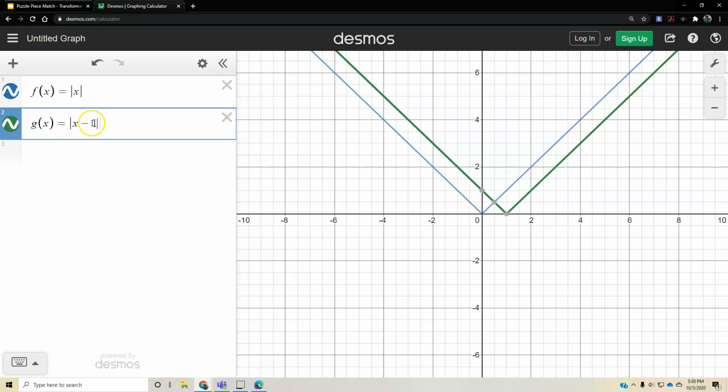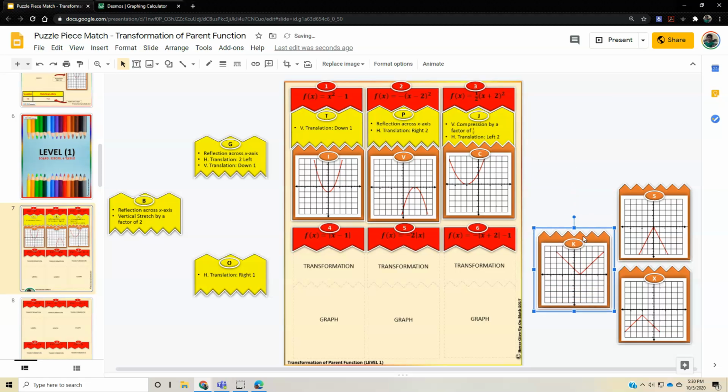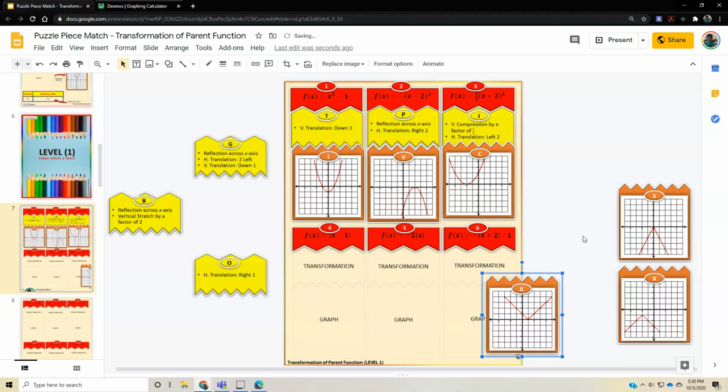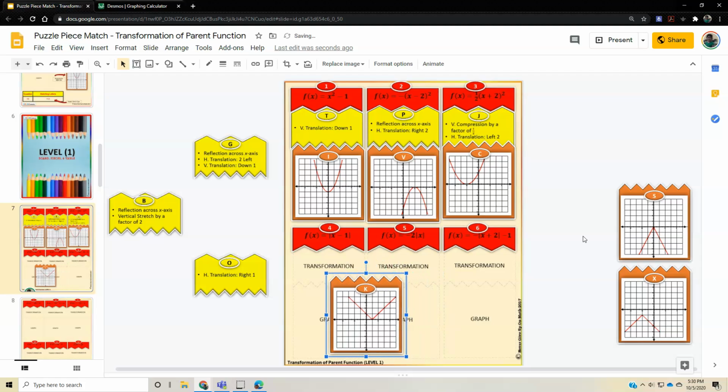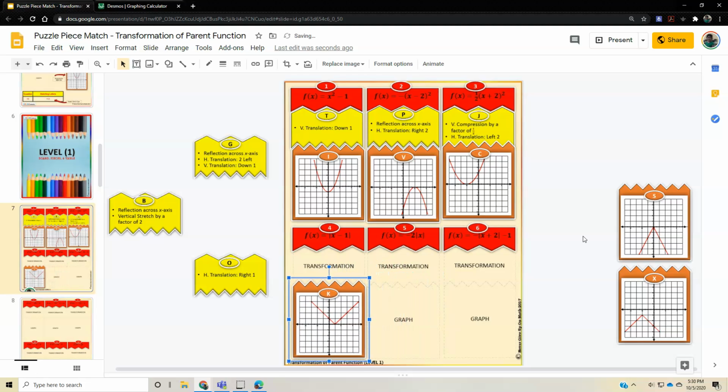And we notice that that minus 1 is going to shift it 1 unit to the right. So let's go ahead and look at the graph. So here it is. It's 1 unit to the right. And so it's going to be O.